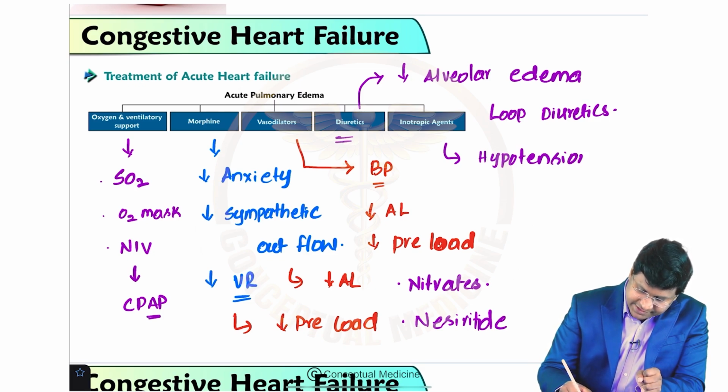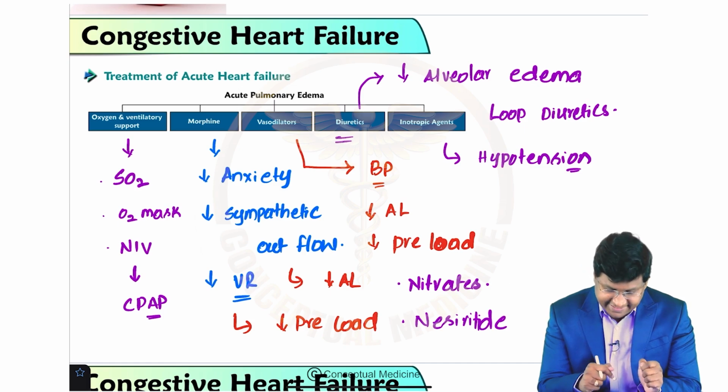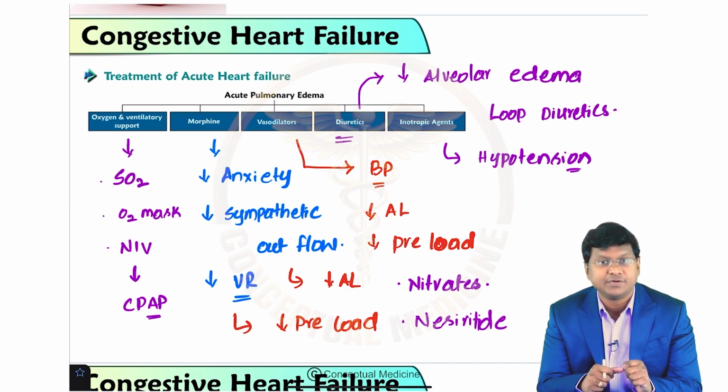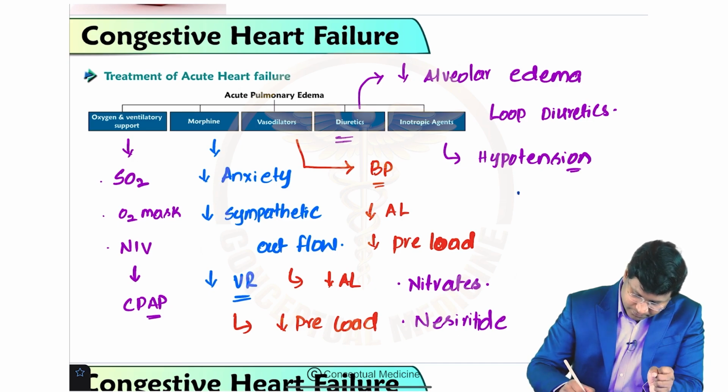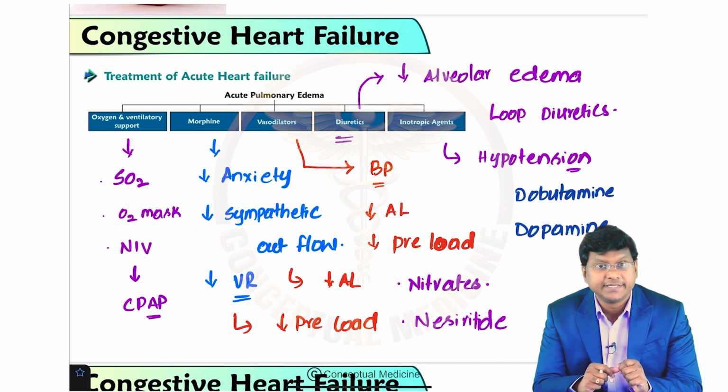Whenever there is hypotension causing hypoperfusion of the organs, that is the point when we use the inotropic agents. These include number one, dobutamine, followed by dopamine.